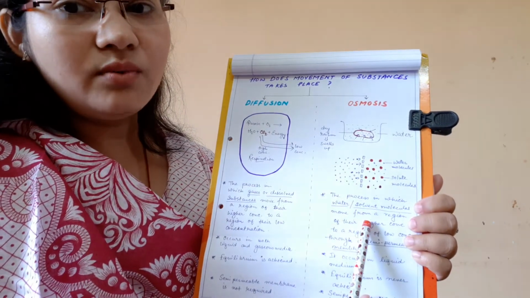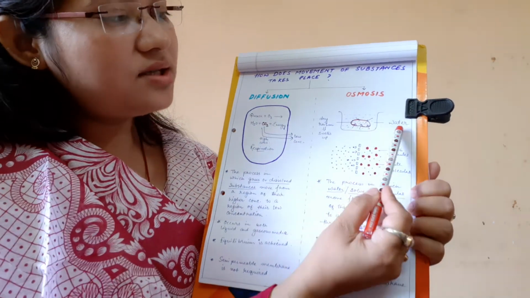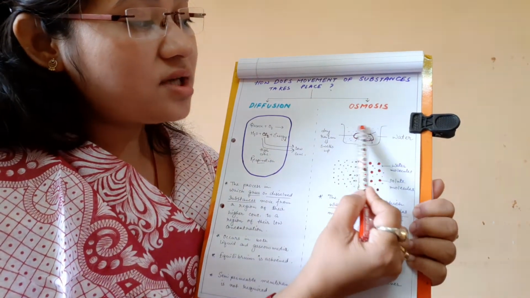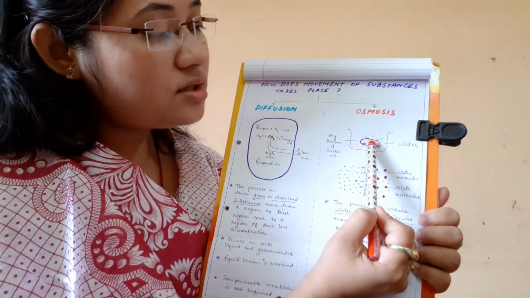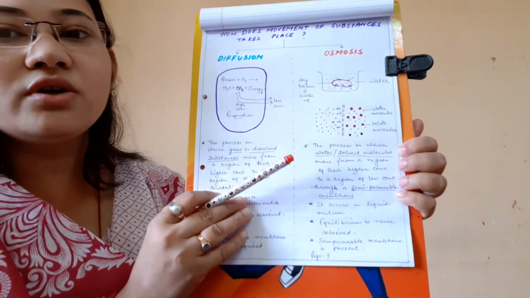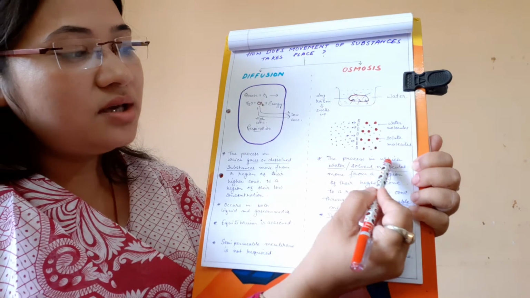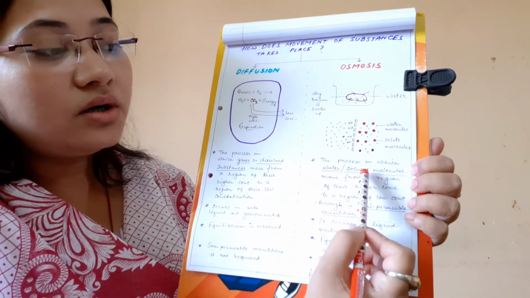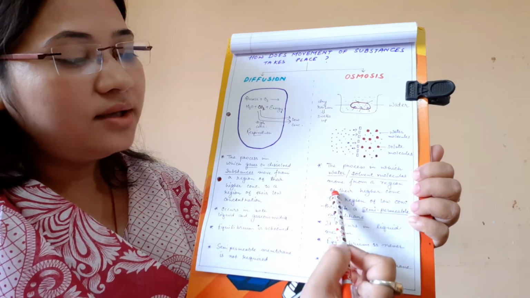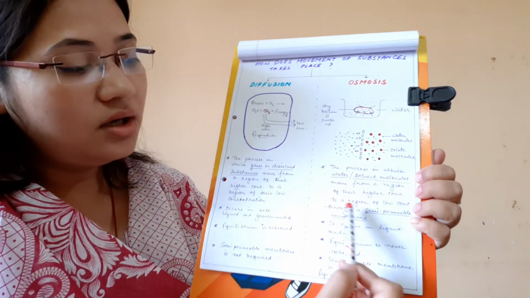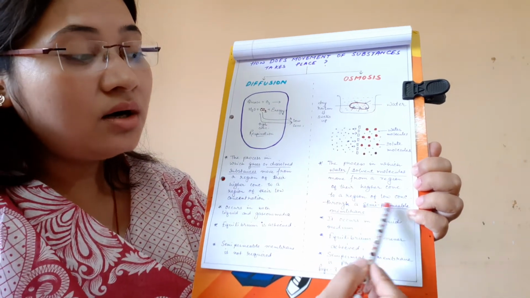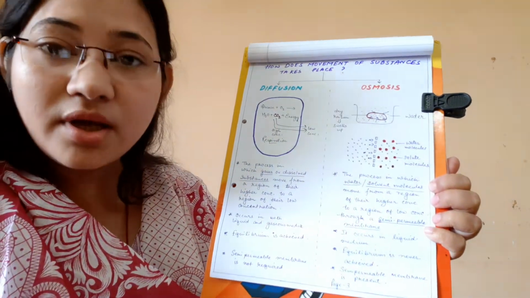Let us first define what is osmosis. In this case, what happens? Water molecules move from a region of high concentration to a region of low concentration. The definition of osmosis: the process in which water or solvent molecules move from a region of their higher concentration to a region of their low concentration through a semi-permeable membrane.